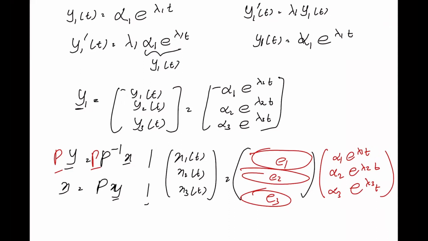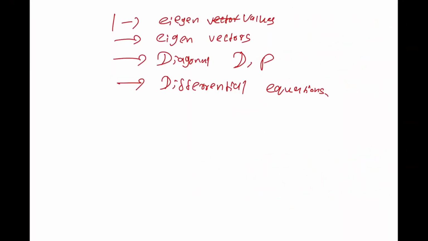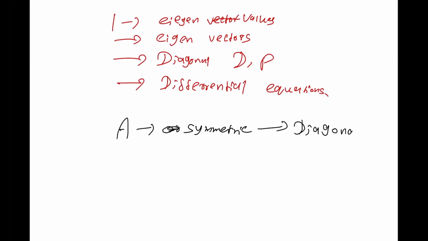Sometimes there is a theory: if you want to diagonalize your system orthogonally, your matrix A should be symmetric, right? If your matrix is symmetric, you can diagonalize orthogonally.